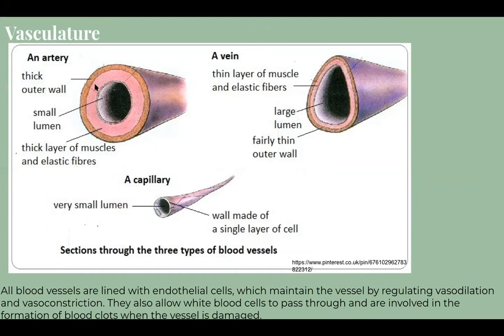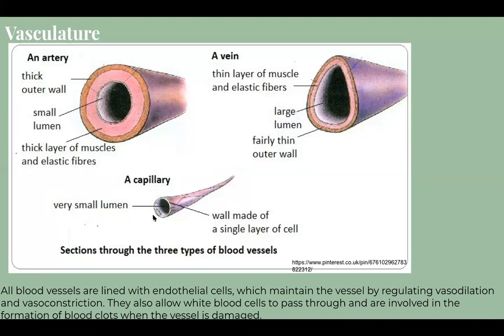Another thing I'll briefly mention is that arteries have a small lumen, while veins have really large lumens. And this directly relates to how much blood is in veins versus arteries at a given time. I think it's something like three-quarters of all blood in the body at a given time is located in the veins. So most of the blood in your body is located in veins.